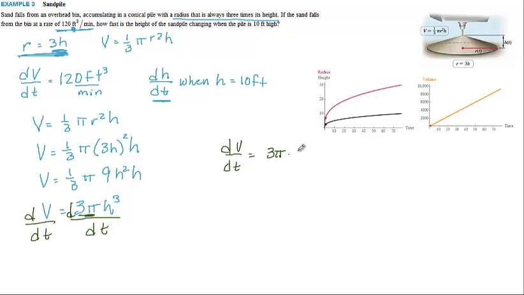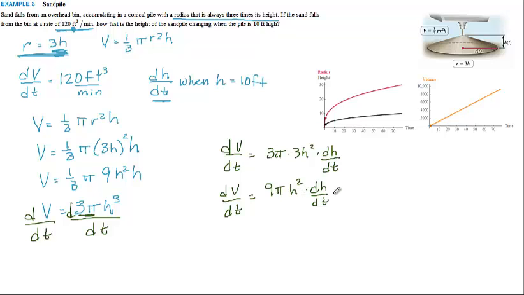That's going to be 3h squared. I'm using implicit differentiation, and height is changing with time, so I need to remember to include this dh over dt. I can clean this a little bit. I can just call that 9 pi h squared dh over dt, and this is dV over dt equals that.